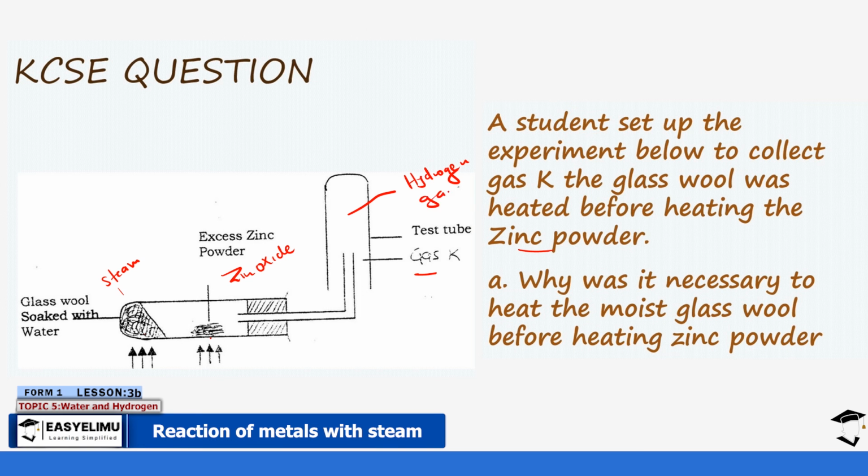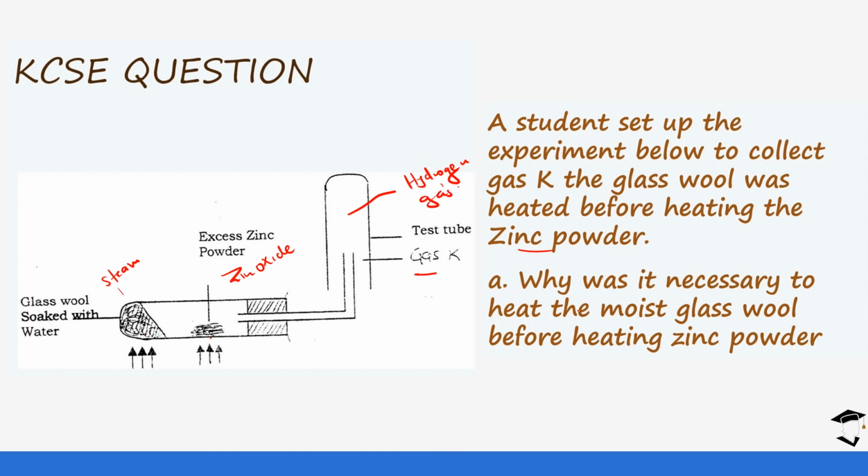So the question is, why was it necessary to heat the moist glass wool before heating zinc powder? We heat the moist glass wool first of all to produce steam, and this steam is going to be used to react with the zinc. The other reason is to drive out the air that is initially in the apparatus.